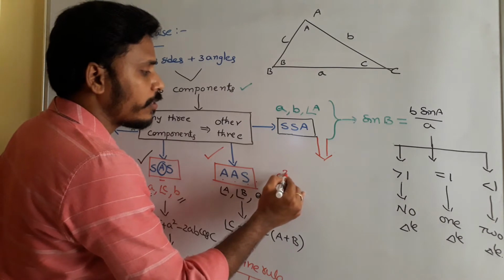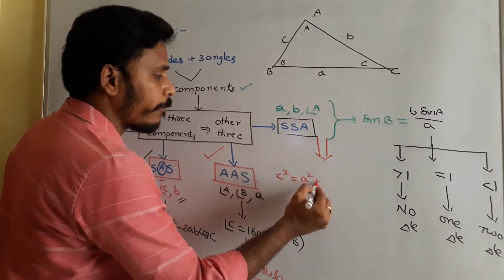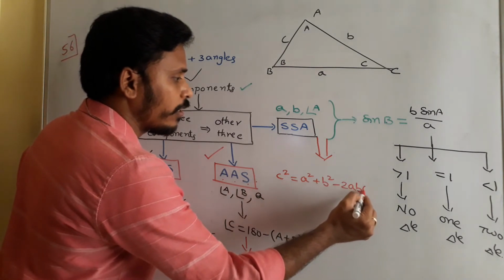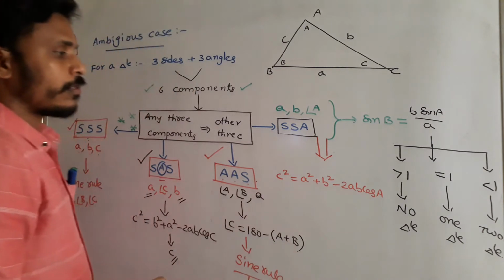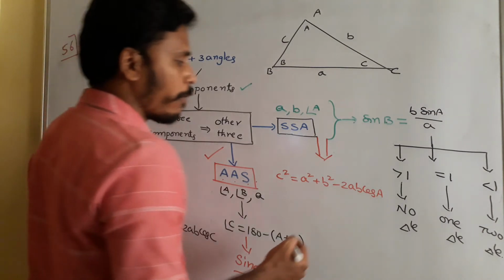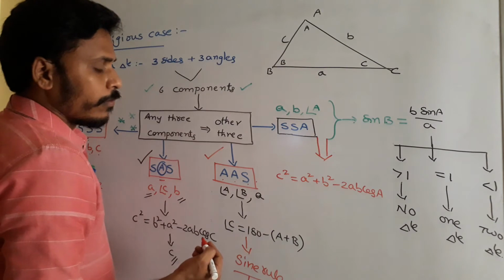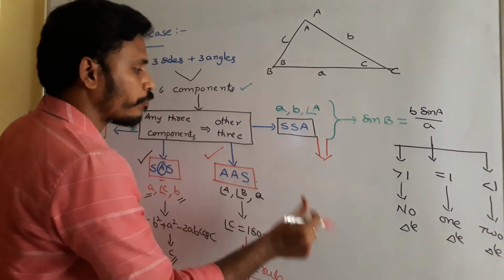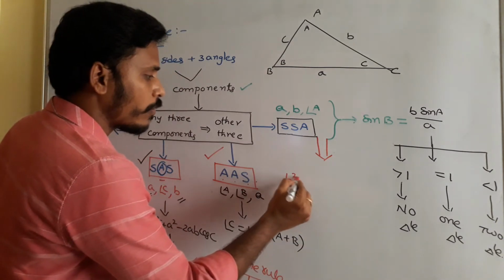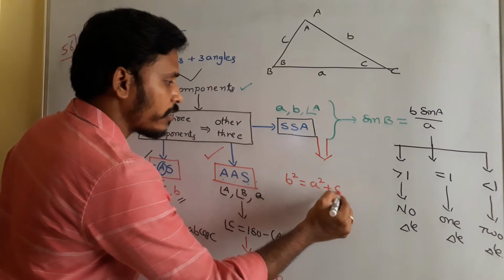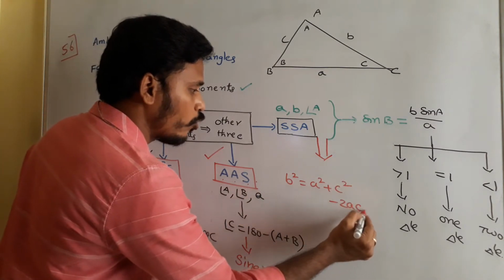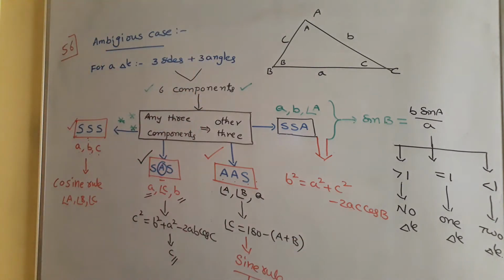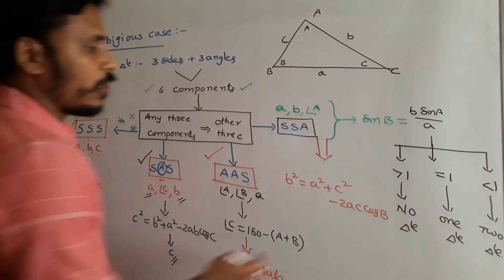C square is equal to A square plus B square minus 2AB cos A, or otherwise you can take it like this: B square is equal to A square plus C square minus 2AC cos B.